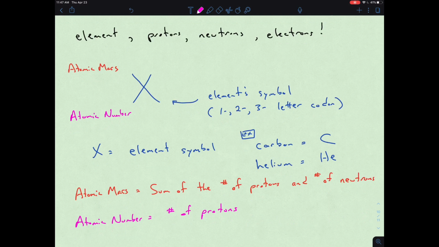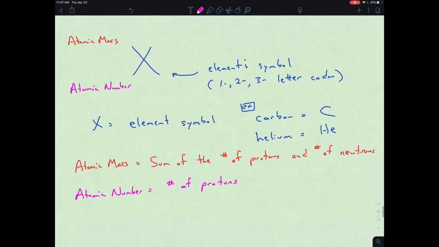Using all of these components, the atomic mass and atomic number, we can figure out all the individual particles for any atom of an element.